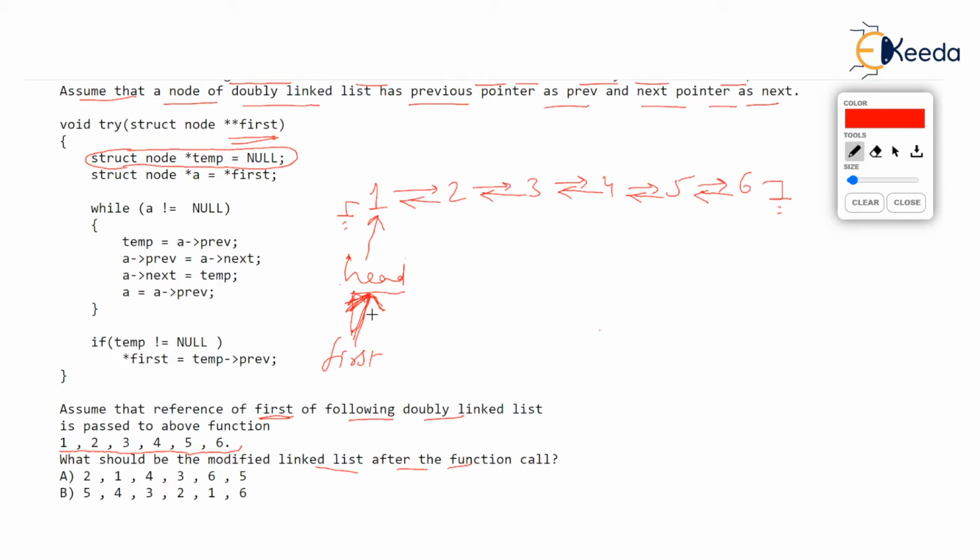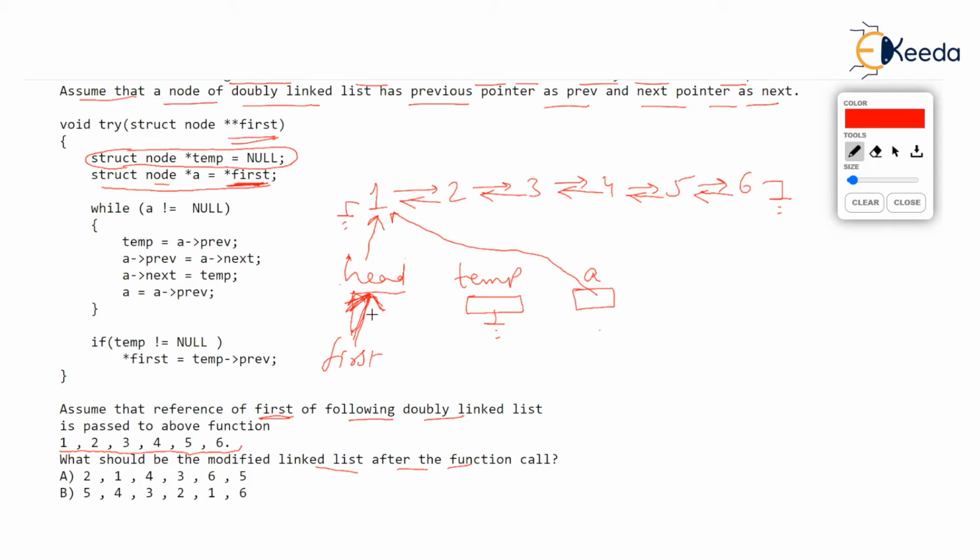So there is a pointer called temp which can point to any node 1, 2, 3, 4, 5, but it is null at the moment. We declare one more pointer a which can point to a node, and it is initialized as asterisk first. Remember, asterisk first is the same as head. So the pointer a will point wherever head points. So the pointer a will point at 1. I hope you are getting this.